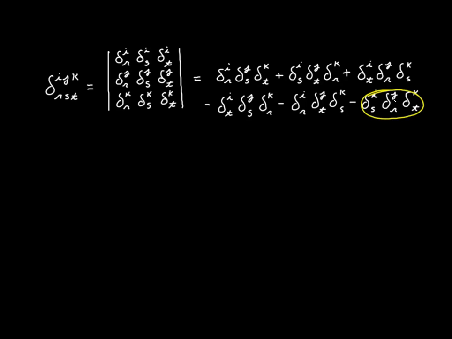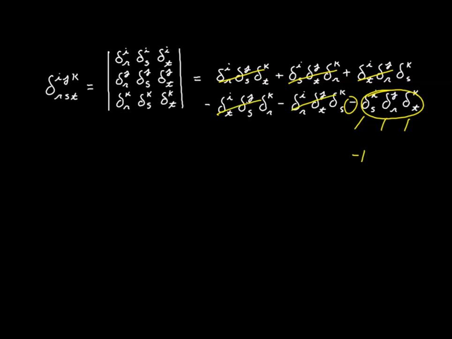So i equals s, j equals r. Then because all of these values are 1, multiplied together they give us 1, and there's a negative sign, then the expression evaluates to negative 1 because all the others are 0.